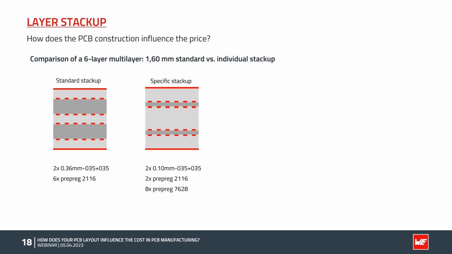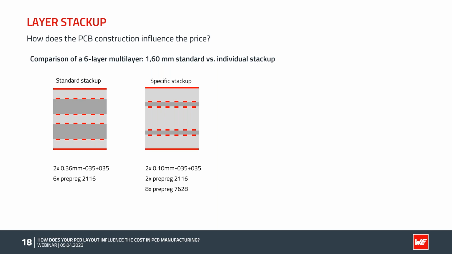For example, you need to realize a coil, for example, and the distance between those two coil layers, you have a double layer coil on layer 2 and layer 3 here in this example, and the distance to have this inductance you want to reach, you only can allow to have a distance between these layers of 0.1 millimeter.